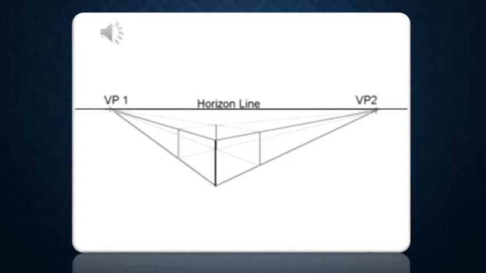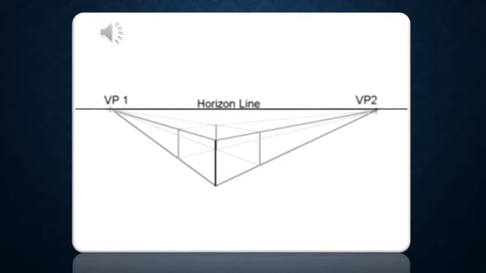We have two vanishing points and one horizontal line. The third thing we need is the height of the object we are going to make. I already told you the corner of the object will be the frontal view of your object, and it will show the height of the object in the shape of a vertical line, and then we will decide the depth of the object.